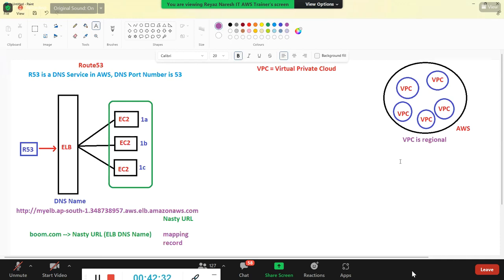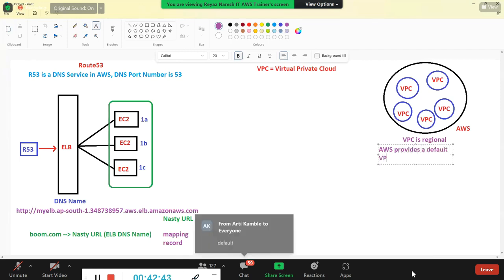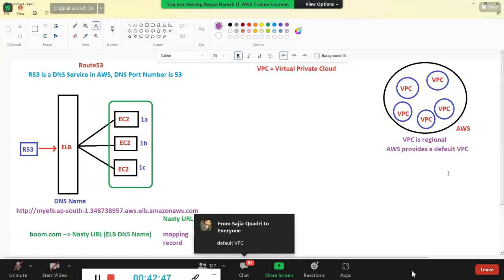For that case, guys, AWS already gives a default VPC. Write it down, everyone: default VPC. It is a default VPC already created by AWS. We can use that default VPC to learn until we become perfect.